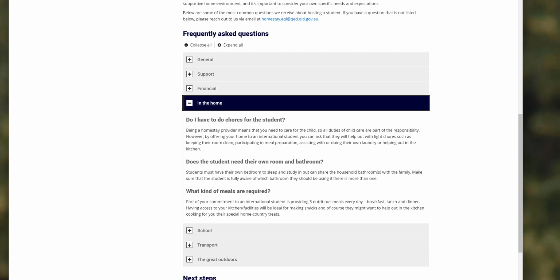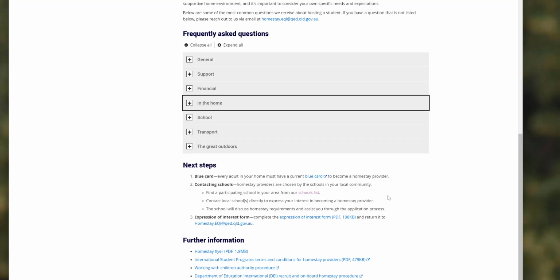That's where another host family will take an extra student for a night or two, so you're not looking after them during the period where you want to go away or do something and you don't want to bring them along. So there are options to not have them for a night or two, and they go to another house.